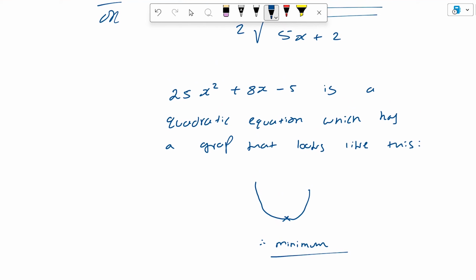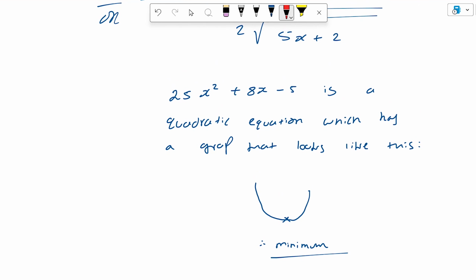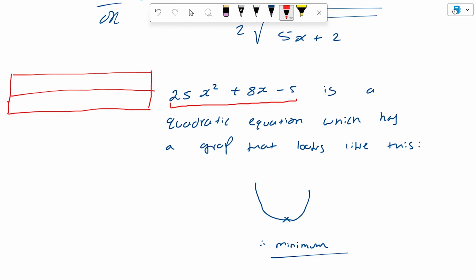And if by any chance you haven't learnt what kind of graph the quadratic equations produce, you can feel free to plug in values starting from 0 to perhaps 5 or 10 in some chart like that. This is going to be your x, this is going to be your y.